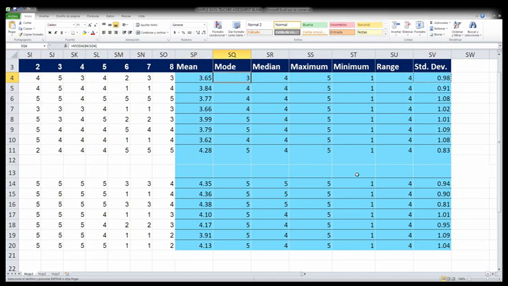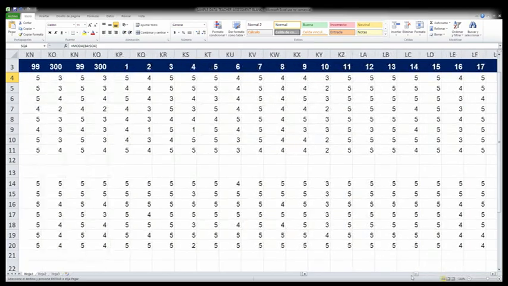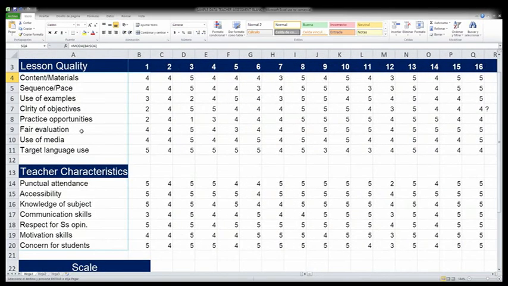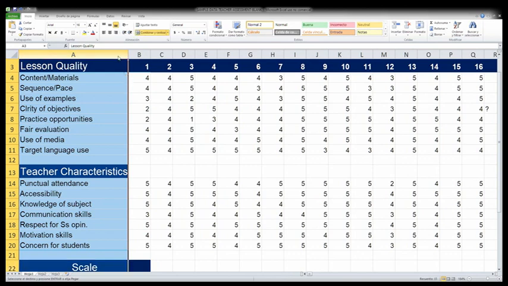And we can see here in all of the different aspects. So now with this information, the only thing that I have to do is to look at it individually and of course explain what these results mean in terms of the descriptive statistics.